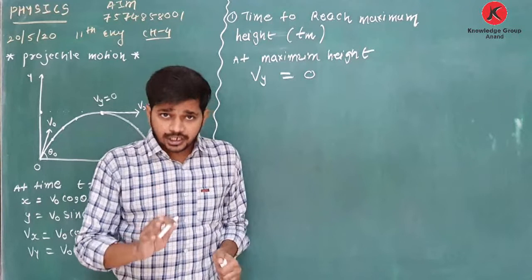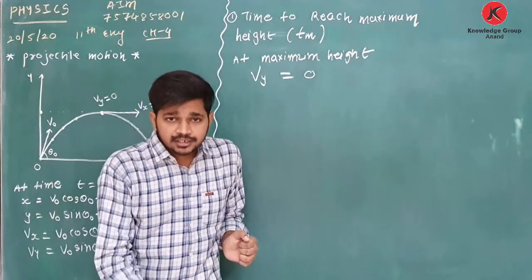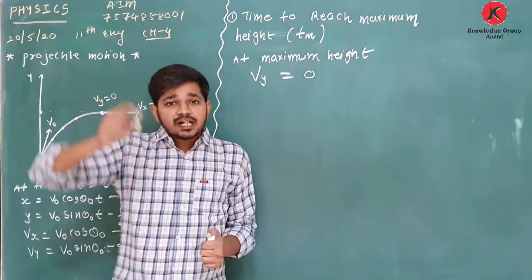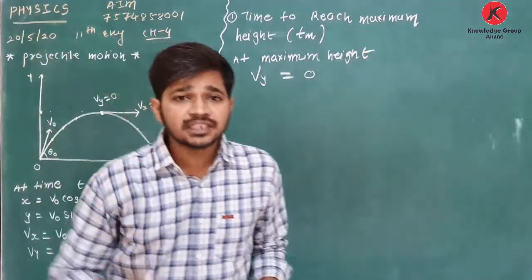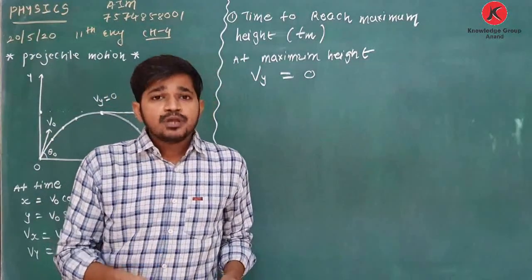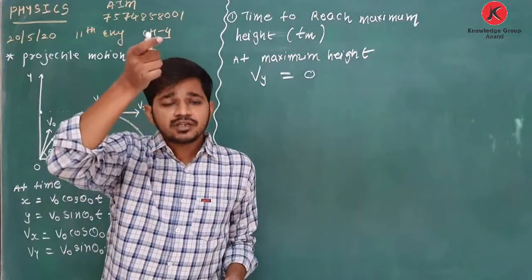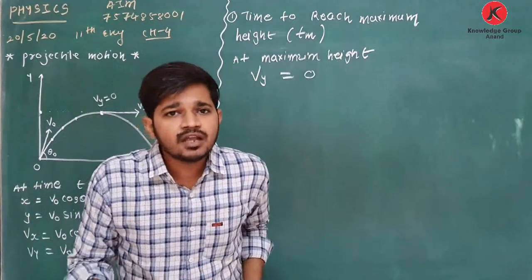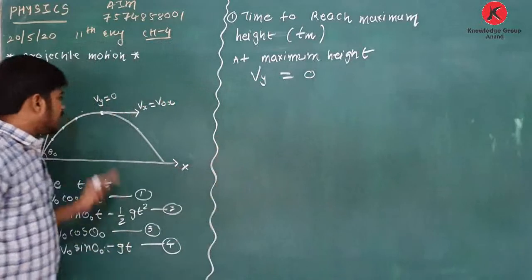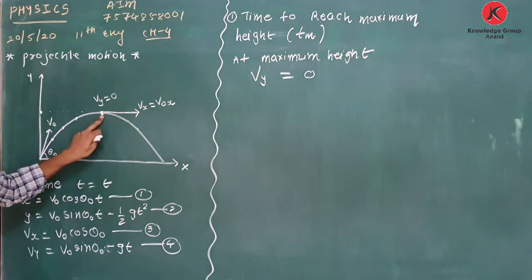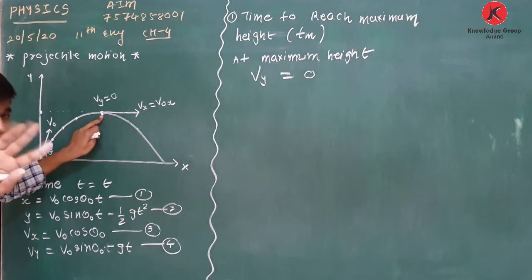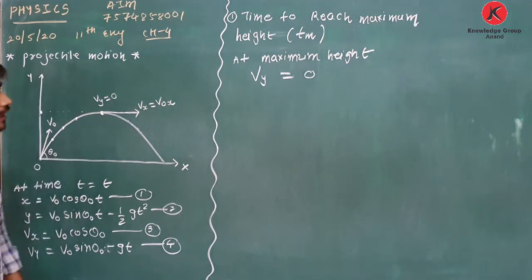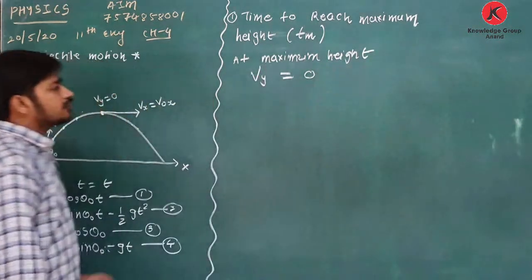In chapter 3 we discussed that when an object is thrown vertically upward, its velocity becomes 0 at maximum height, because it has only one component, Vy, and that becomes 0. But remember, in projectile motion, at maximum height the velocity is not 0. The y component of velocity is 0 and it has some x component.